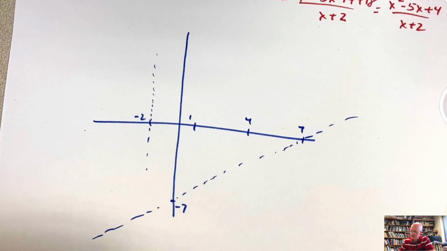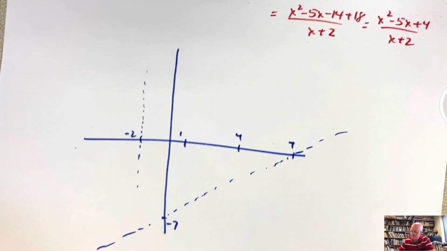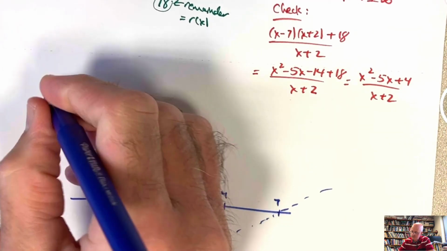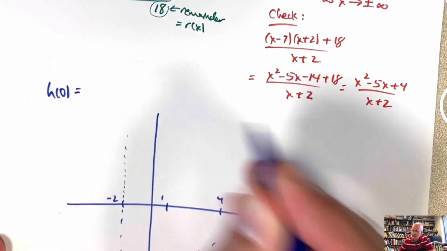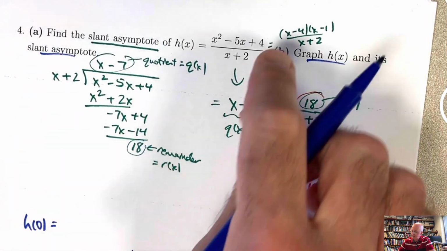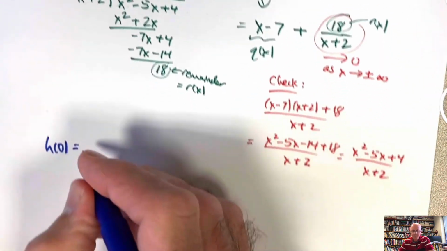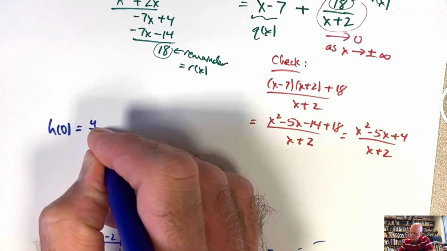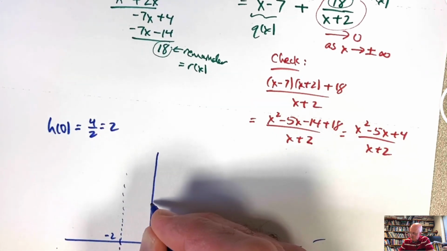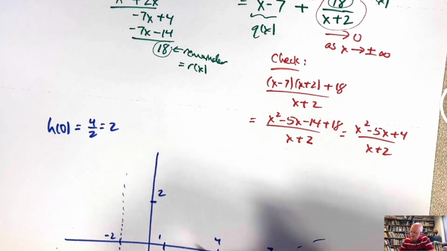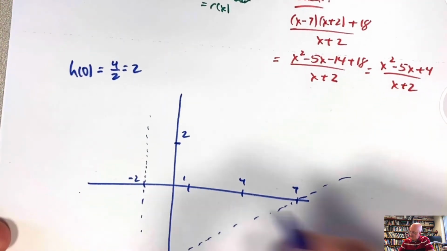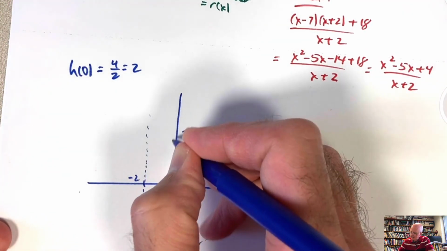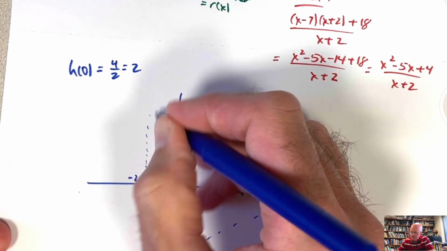I can also do things like find h of 0. If you plug in 0, you can see you'll get 4 over 2 is 2. That's the y-intercept at 2. Yeah, and these are the only x-intercepts. The graph's got to be positive here. It's got to have this vertical asymptote.